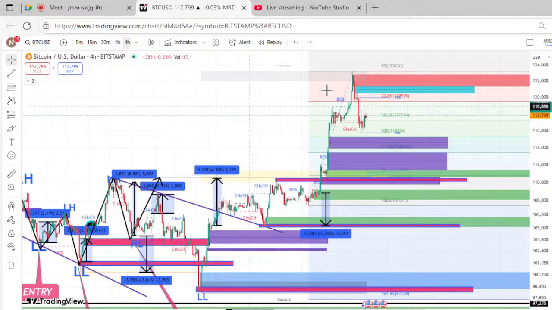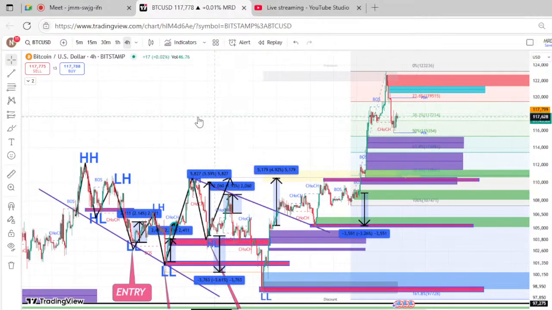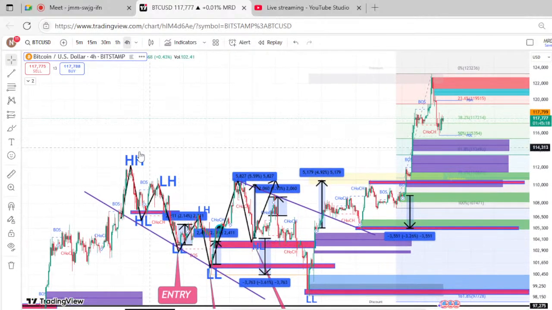Now, where we are now, we have already formed a new higher high, around 123,000. It was its all-time high around there. Therefore, we don't have any other high.